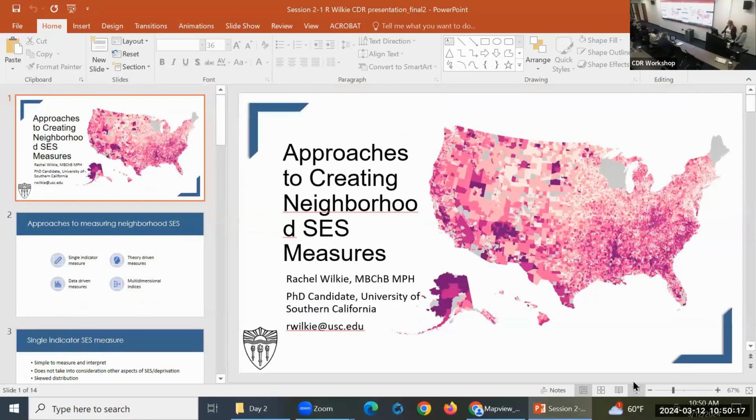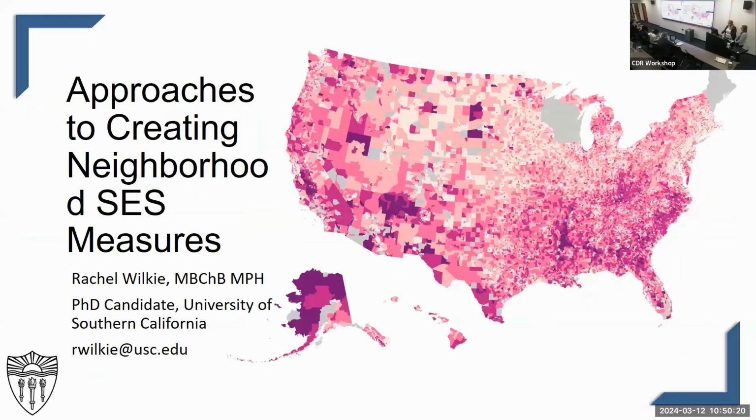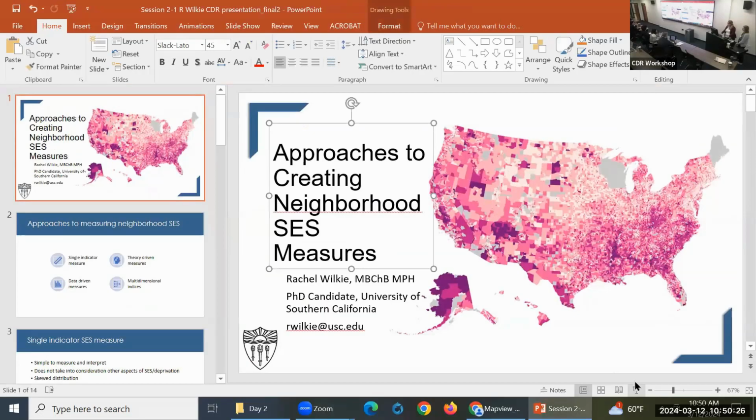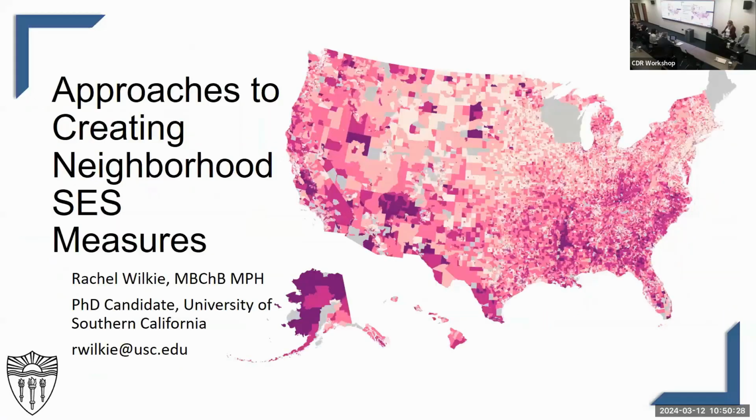So the first presentation is going to be by one of my PhD students, Rachel Wilkie. Rachel's in our Population Health and Place program. She's actually finishing her PhD this year, and she just found out yesterday that she's gotten a postdoctoral position.